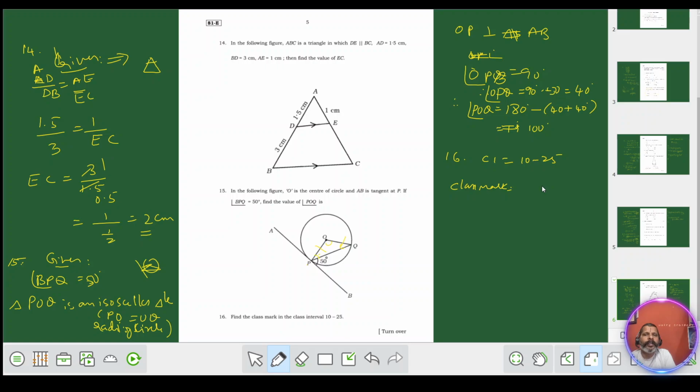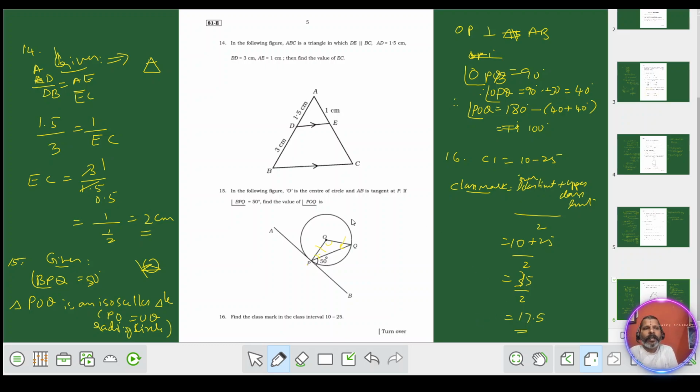It's the average of the two class limits, that is, lower class limit plus upper class limit by 2. Means 10 plus 25 by 2, that is 35 by 2, that is 17.5. Class mark or midpoint of the class, everything is same. Lower class limit plus upper class limit by 2.